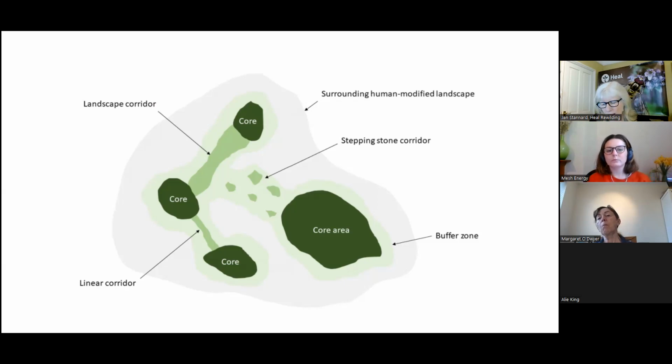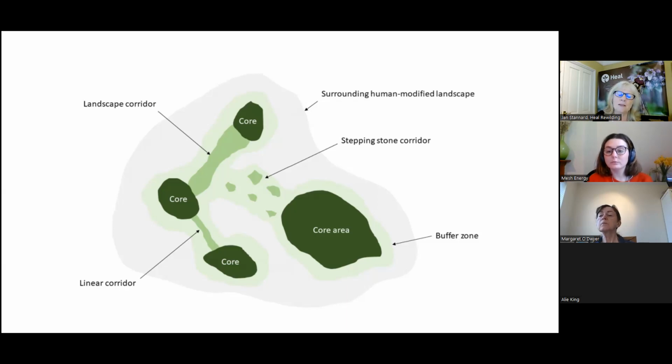And this is where, if you're doing a building project, perhaps on a campus, you might have pods of buildings with space between them, thinking about how you can create linear corridors, whether it's hedging corridors, strips of wildflowers linking buildings, or tunnels under roads.